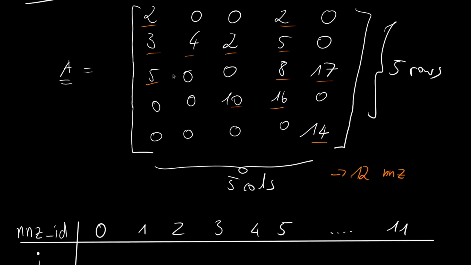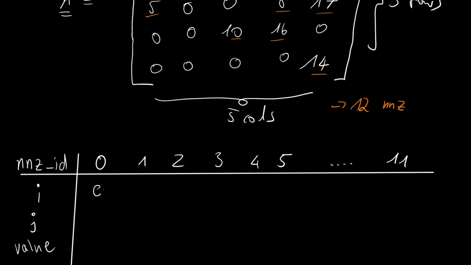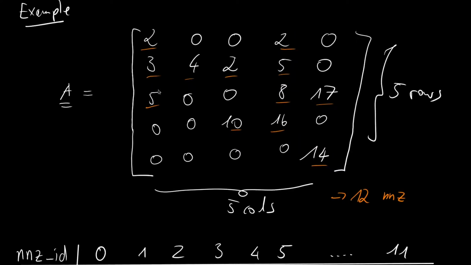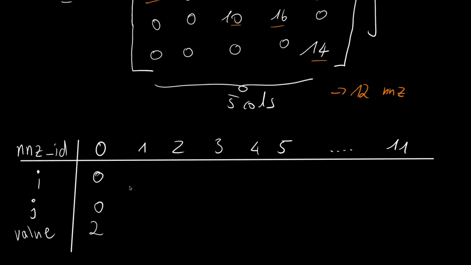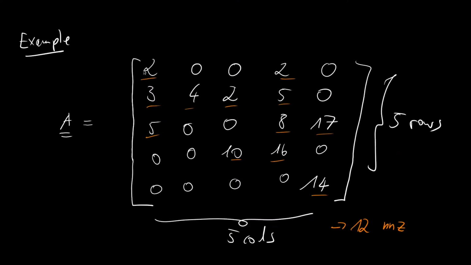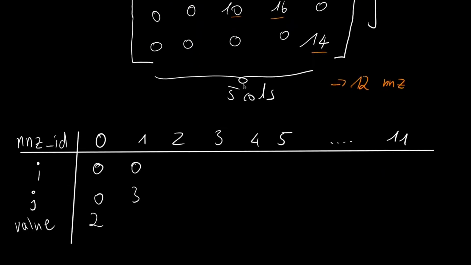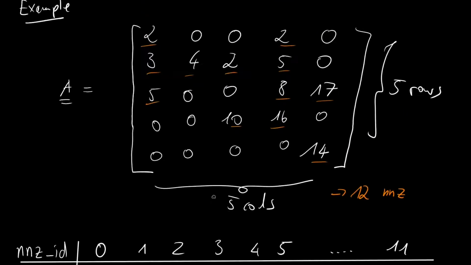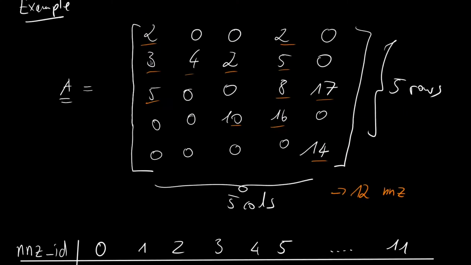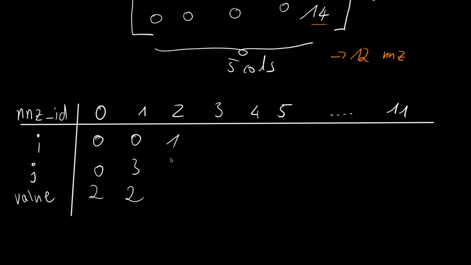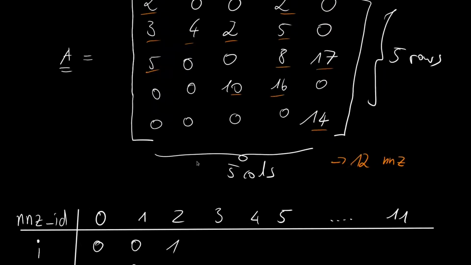In position 0, 0, we have the value 2. Position 0, 3, we have the value 2 again. Position 1 and 0, we have the value 3.